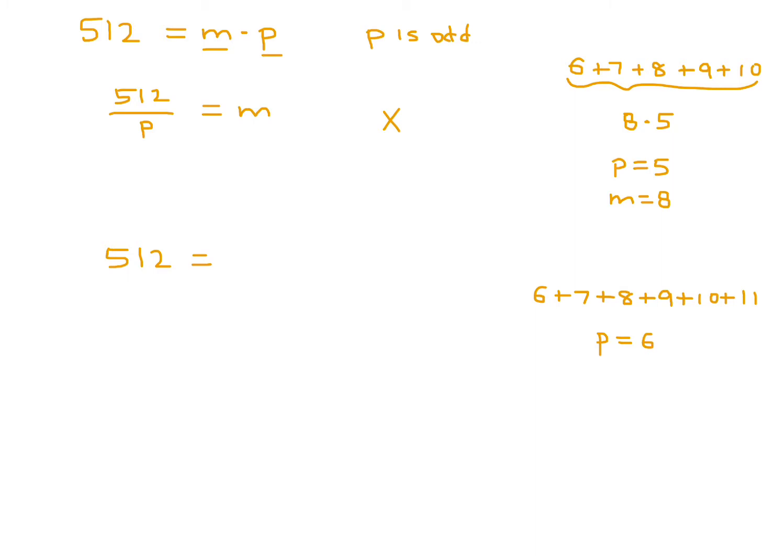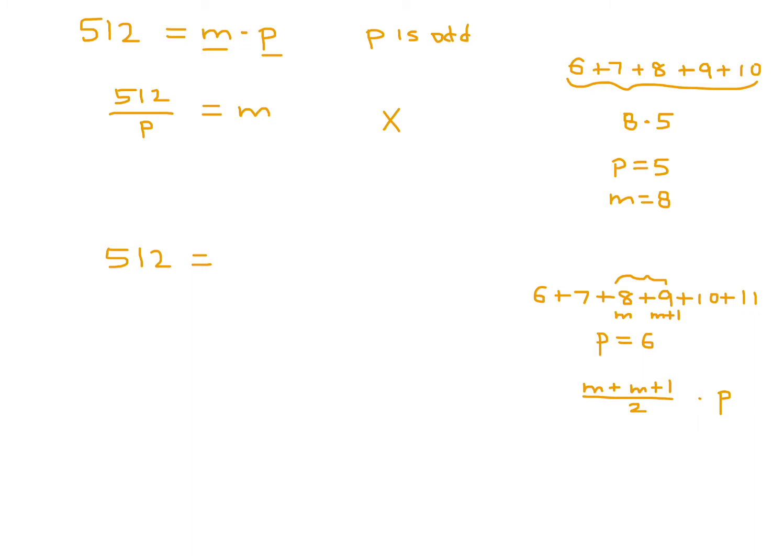And in the middle number, well, there is no middle number, but there are two numbers. There's M and M plus 1. We can call this guy M, and we can call this guy M plus 1. So what you would do is you would take the average of that, M plus M plus 1, divided by 2, and you multiply that by P. So in this particular case, it would be what?